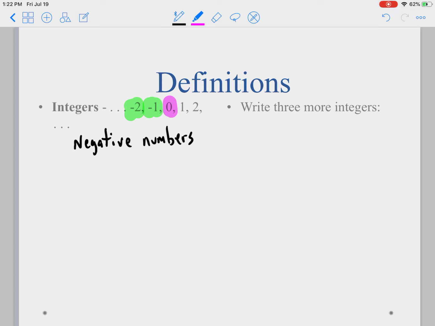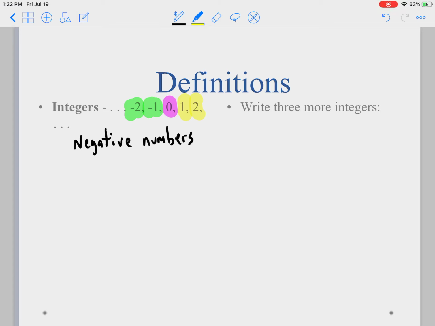As we enlarge our sets, as we enlarge our classification, we're carrying over our smaller or previous classifications and sets. So we also have 0, which we know is a whole number. So 0, for example, is both a whole number and an integer. The numbers 1 and 2, as you may recall, are natural numbers, whole numbers, and also integers. So integers will include both natural numbers, whole numbers, and now the inclusion of negative numbers.